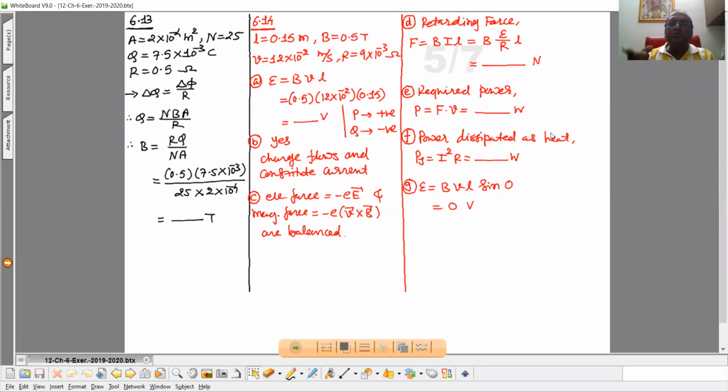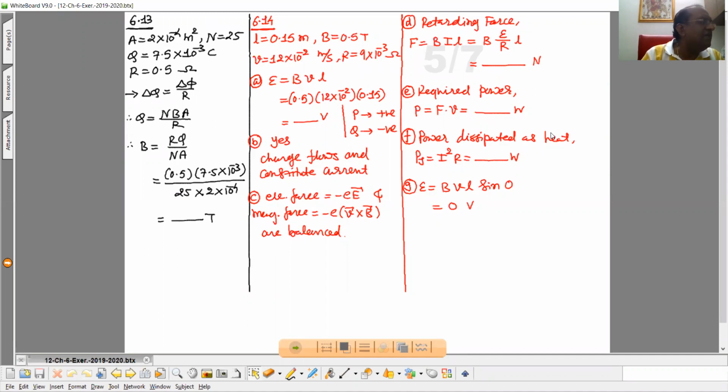Now, due to this retarding force, its motion will be opposed. If you want to sustain the motion, then you have to do mechanical work. It implies that mechanical power should be supplied. On that concept, the next question: how much power is required by an external agent to keep the rod moving at the same speed when K is closed?